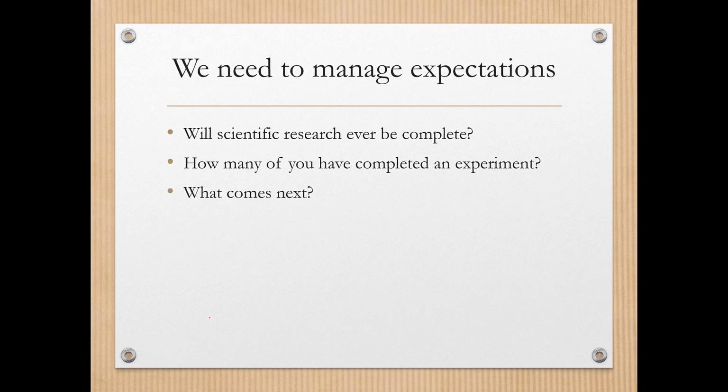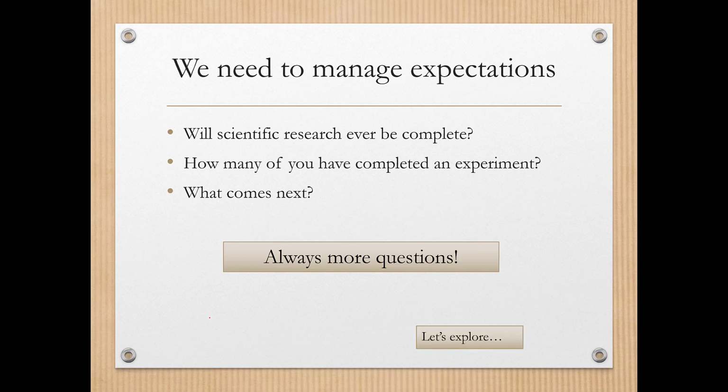What comes next? Well, there's always more questions. Those questions might be, how might we improve the experiment? You start to learn a little bit about the system you're studying, but then you start to peel off the onion skin layers, start to understand more about the system, but you have more and more questions. So I think that's the key to this particular slide. There's always more questions. So let's explore this a little bit further.